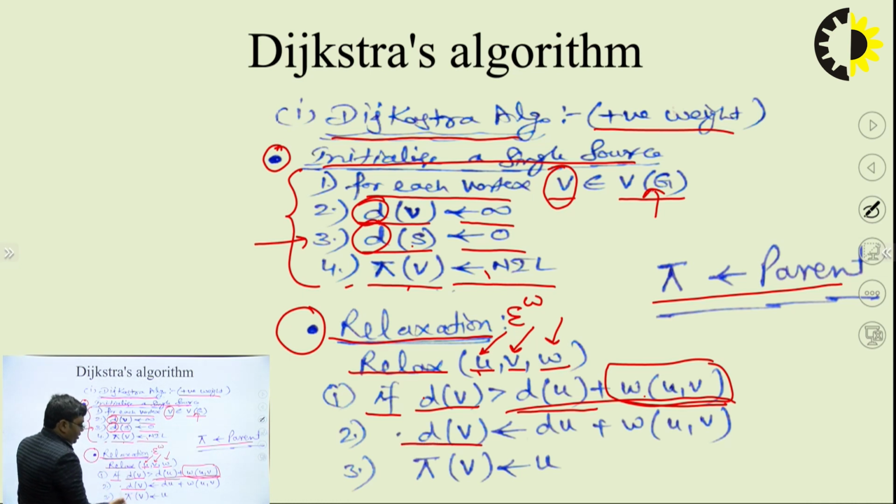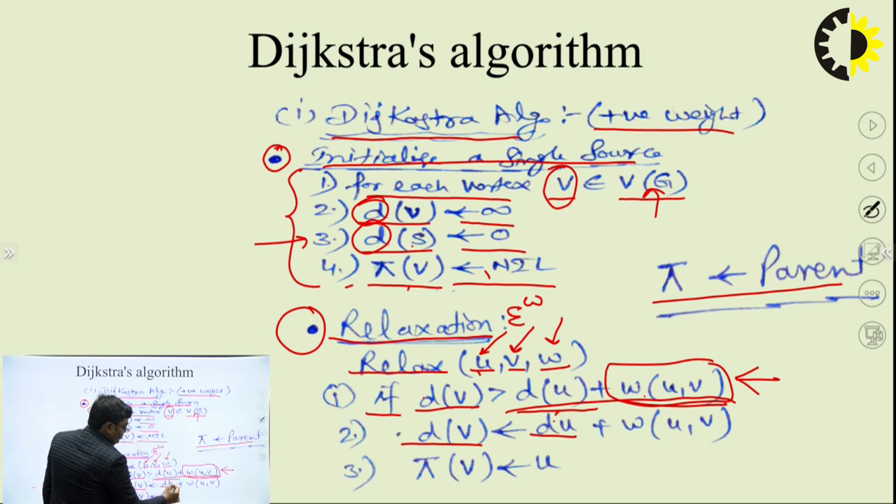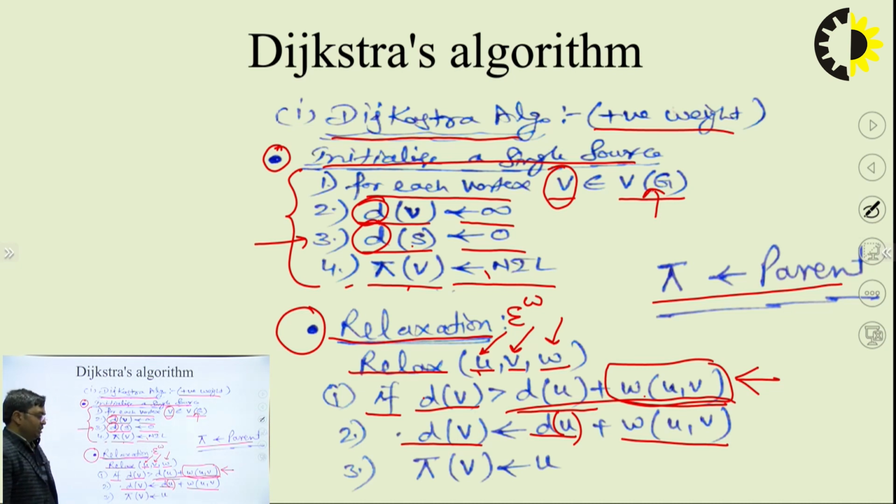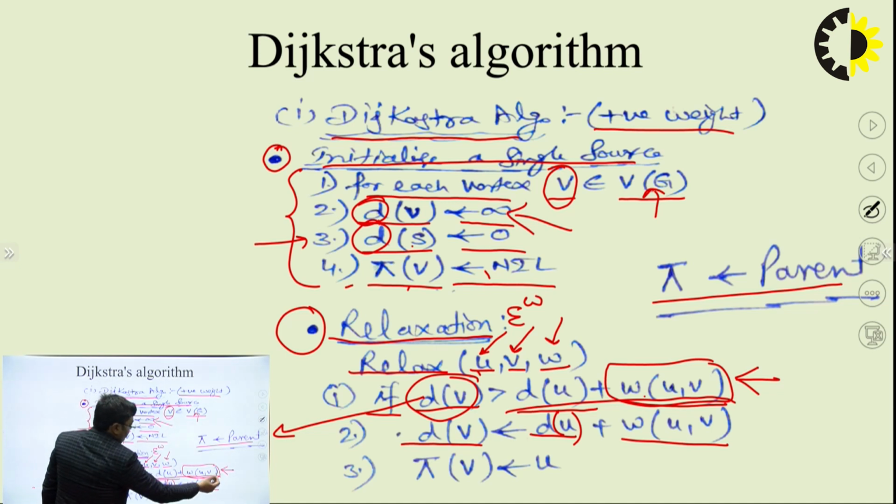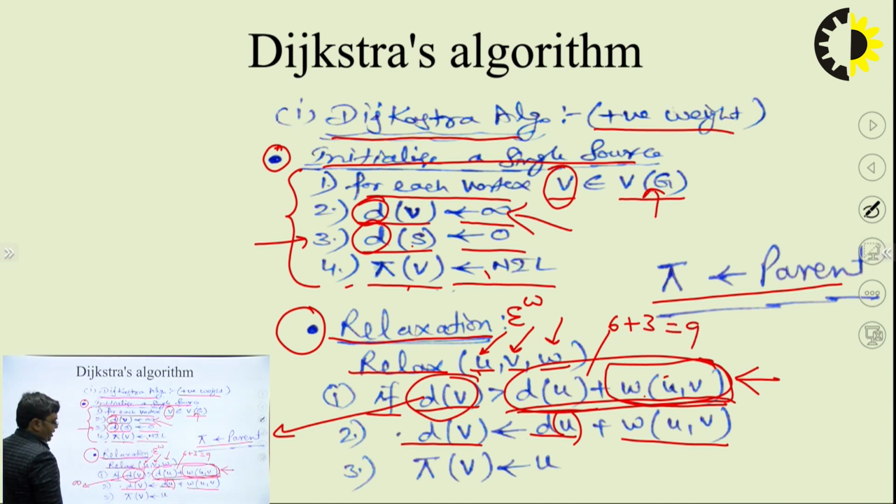In the next step, if d of V is greater than d of U plus W of U comma V, then d of V is set to d of U plus W of U comma V. If this was initially infinity, as we took in initializing the single source, and we find for example d of U is 6 plus a weight of 3, equal to 9, then infinity is greater than 9, which is true.